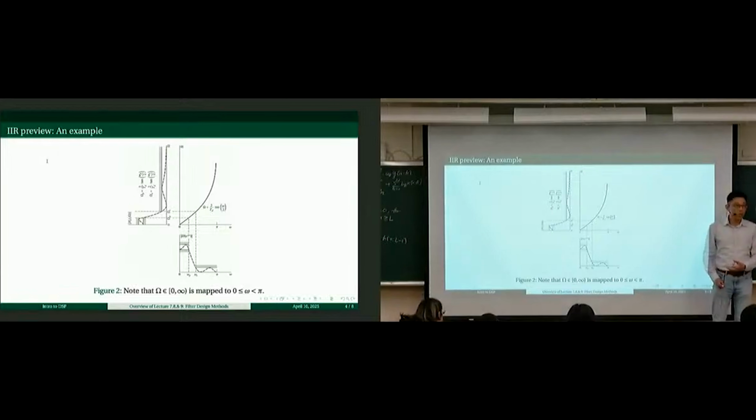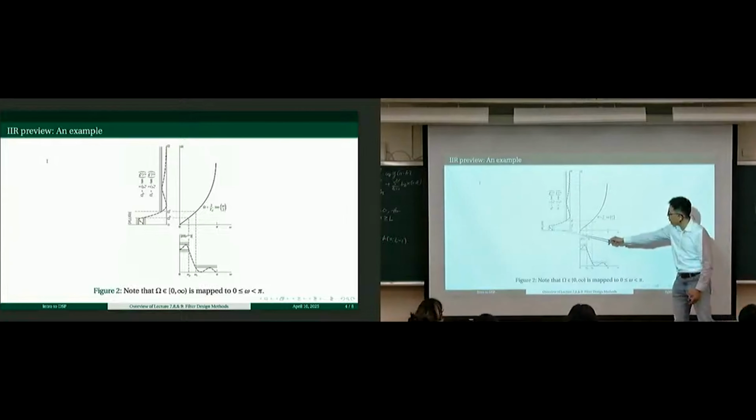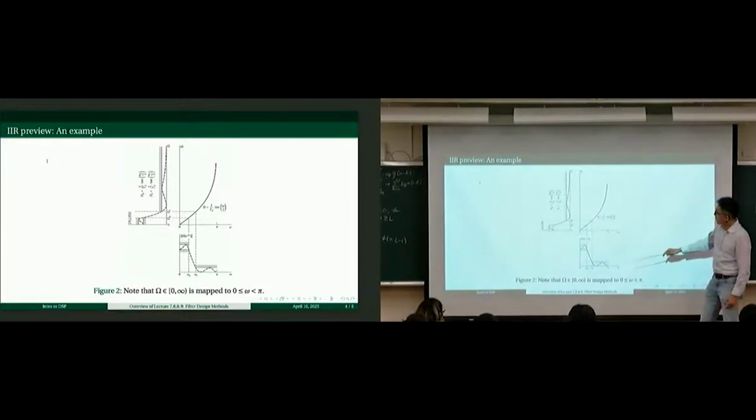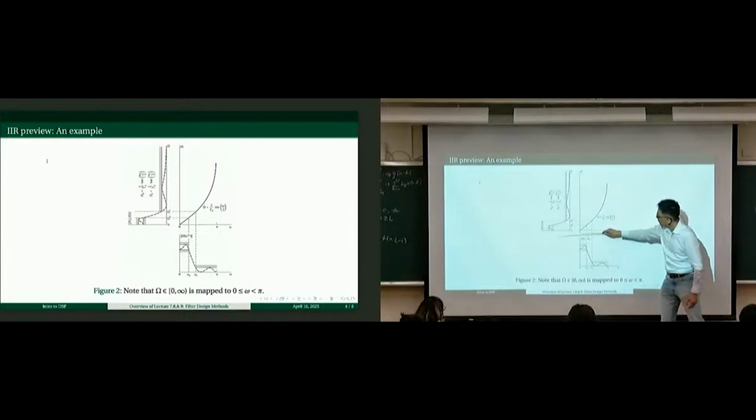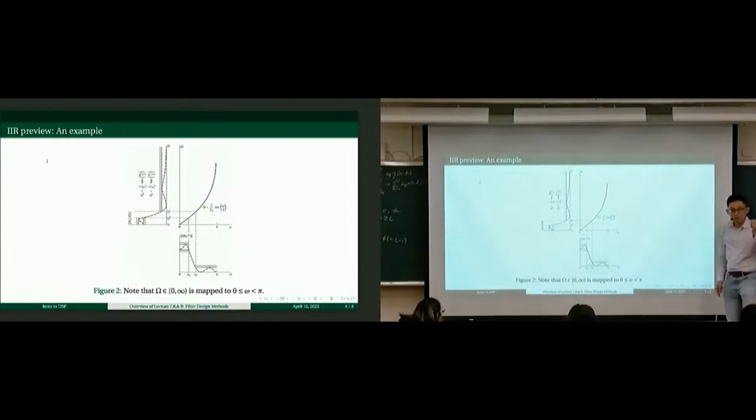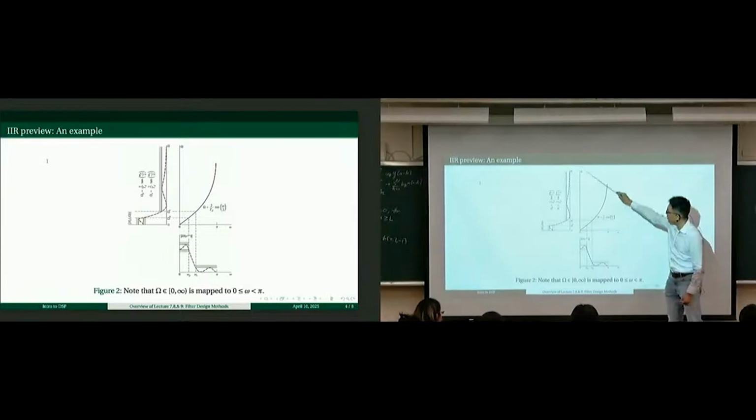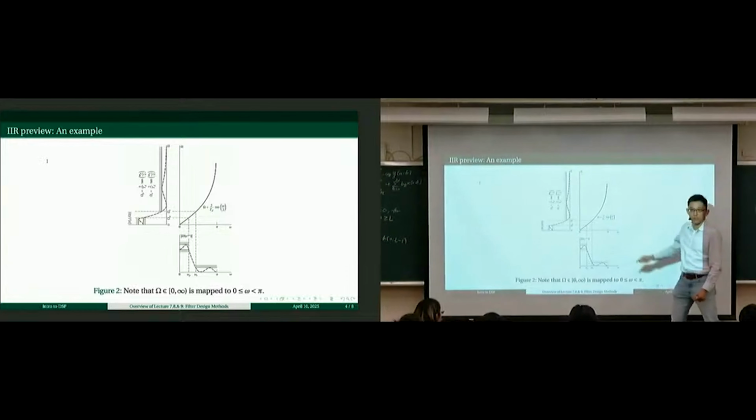There is a mapping. And this is nice because this can give us a direct conversion from an analog prototype right here. I'll explain in a moment. This plot here is the frequency response of an analog prototype, prototypical filter in the analog domain, specified by its frequency response with big omega being the variable.